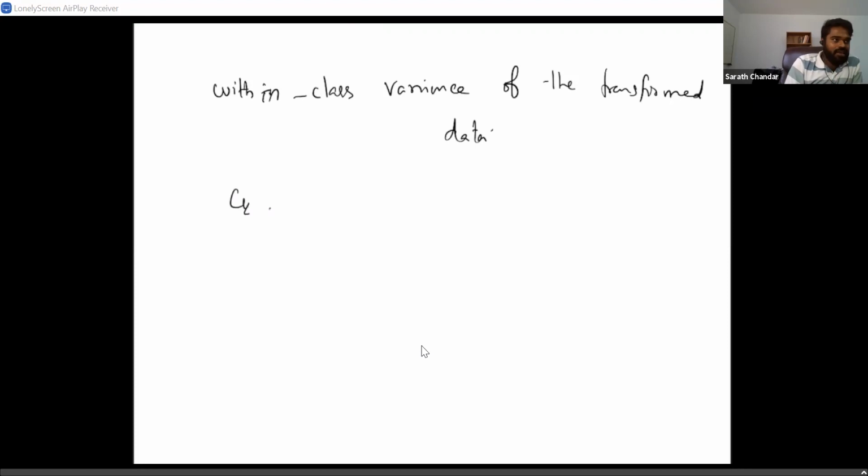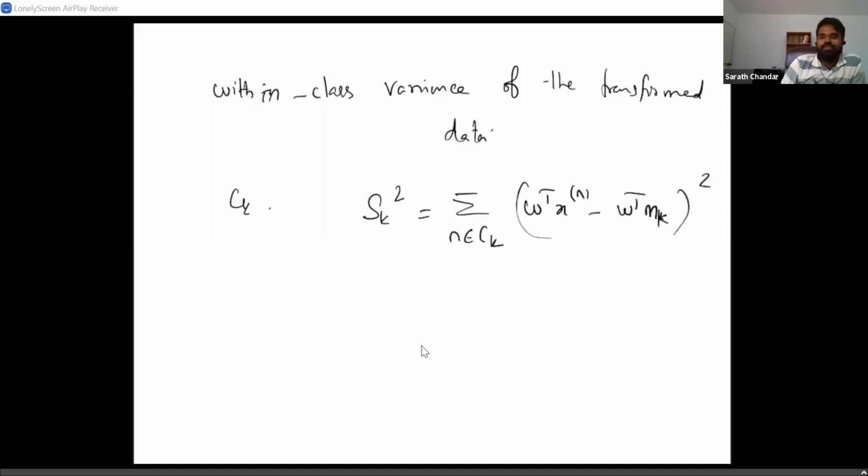For class CK, I have the variance, let's call it SK square, which is basically summation over n belonging to CK, W transpose XN minus W transpose MK, squared. This is just the definition of variance, but only for class CK, right? Now we have two classes, so the total within class variance is given by S1 square plus S2 square.